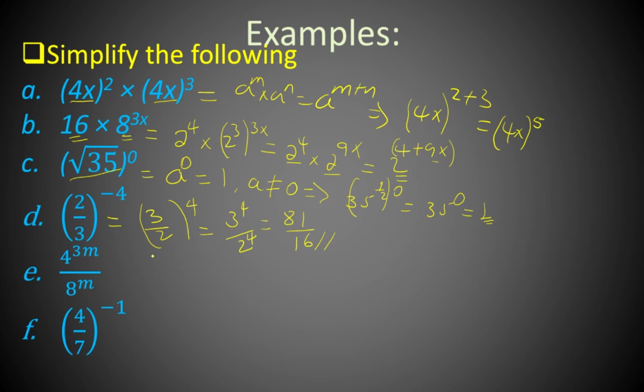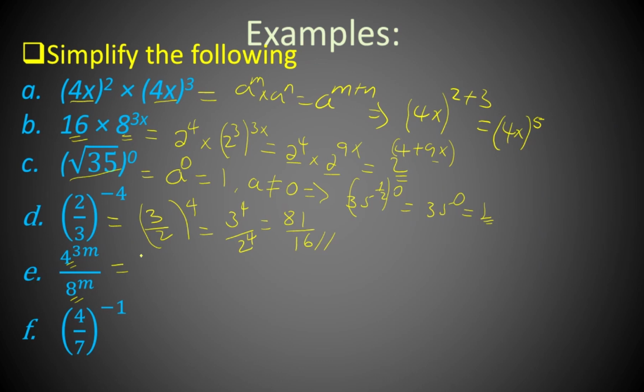Okay, for the E part, 4 to the power of 3m over 8 to the power of m. To subtract the exponents we need the same base, but here the bases are different. It is difficult to subtract because the bases are completely different, but if it is possible to change it to the same base, we can do that. The number 4 and the number 8 can be changed into base 2.